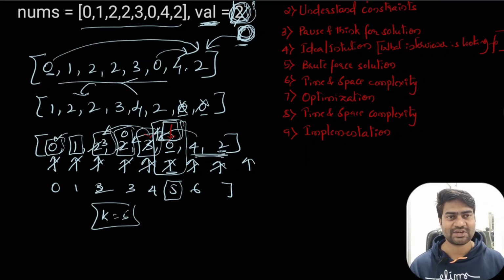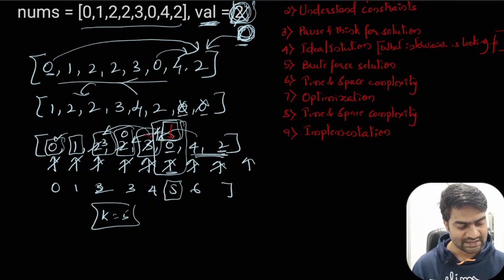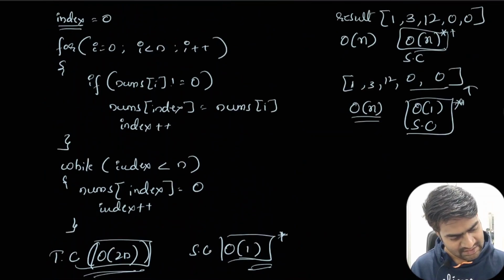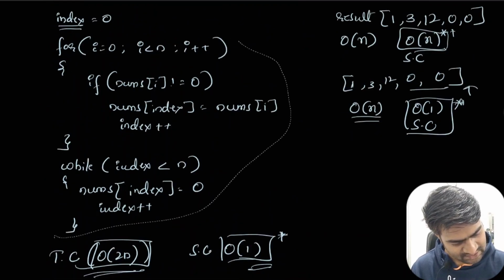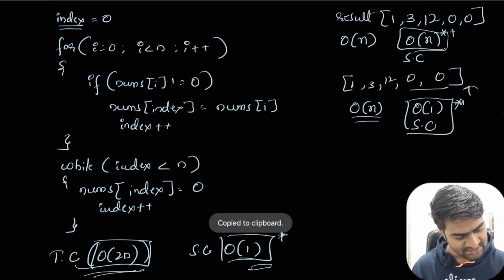So basically what I'm trying to say is we will simply reuse whatever the better solution was from the move zeros problem, and we will tweak it and come up with the solution for this particular problem. Let us look into that pseudocode now. I will just go back to our previous code. If you see here, this is our previous pseudocode.